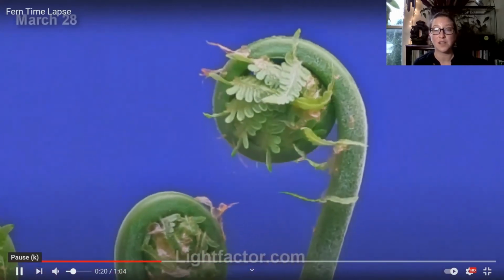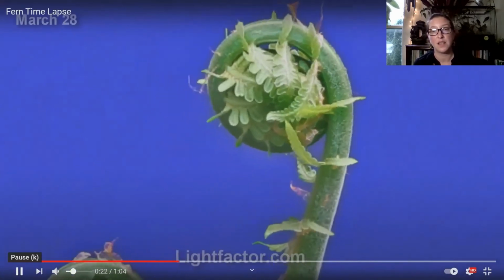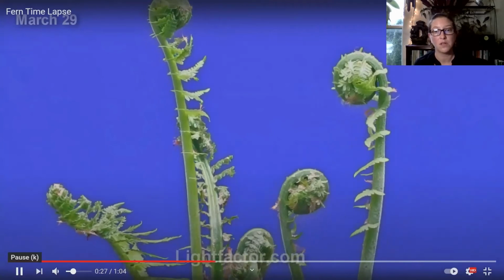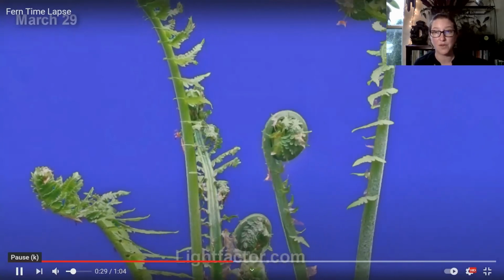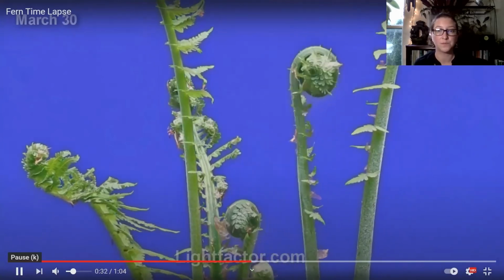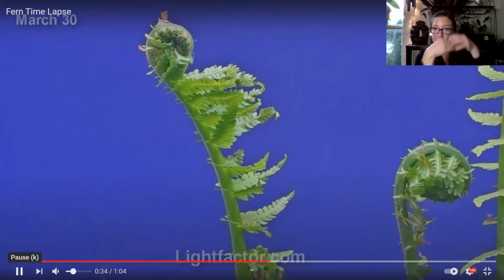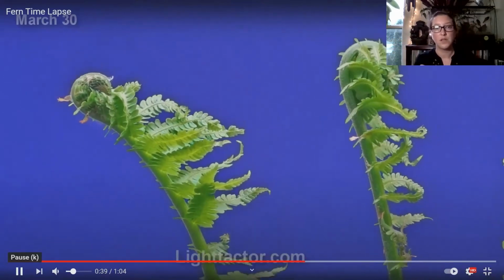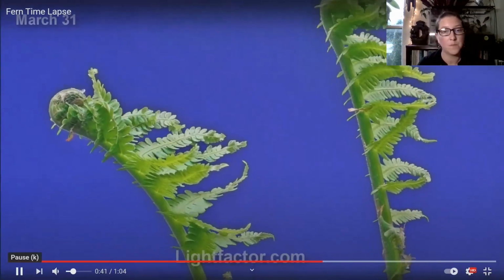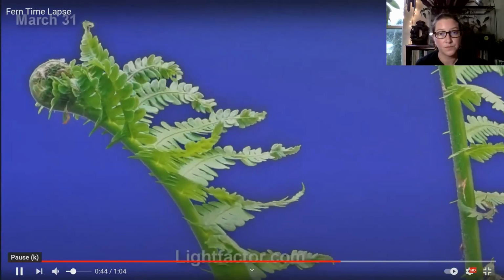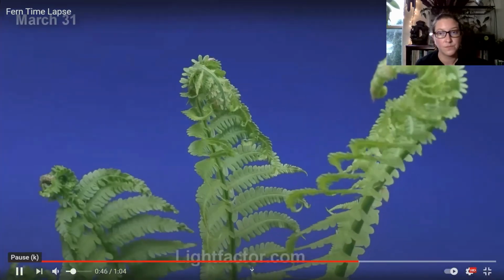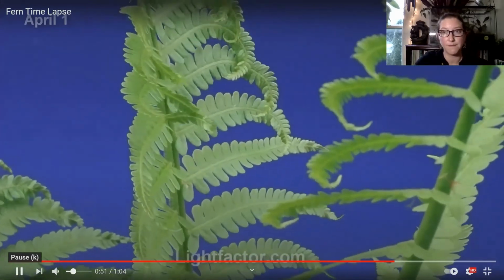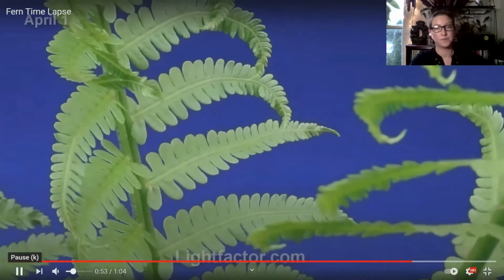And you can see there, this is a compound leaf, so you can see the pinna and the pinnules coming out. There's that nodding behavior that we learned about before. You can see the leaflets or the pinna starting to unfurl and the little tiny pinnules on each one. Super cool, until it finally ends up looking like a finished fern leaf.